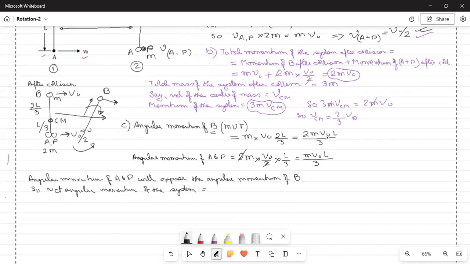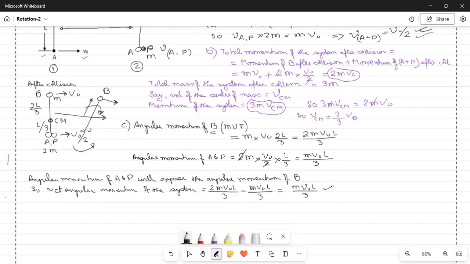That means 2m v0 L by 3 minus m v0 L by 3. We are left with only m v0 L by 3. This is the angular momentum of the system.